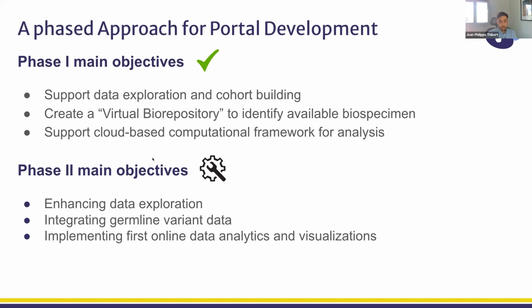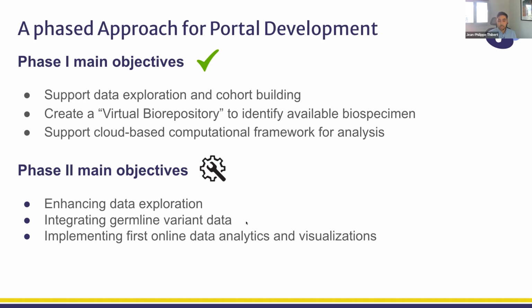Now, we've completed the phase 1, and so we're going to be discussing a little bit later on in this presentation about the phase 2 main objectives. But as next steps, we wanted to enhance the data exploration tool, so the phase 1 product. And a more exciting feature for phase 2 will be the integration of the germline variant database.